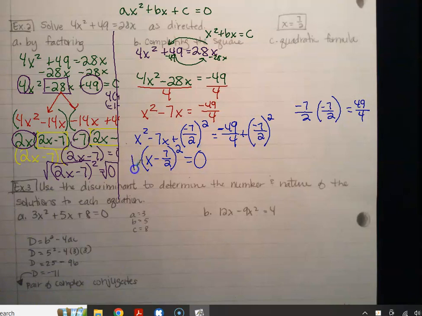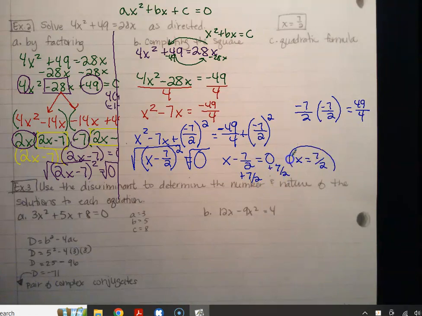Then we do the same thing we did earlier. We find the square root. We get x minus 7 halves equals 0. And so then we simply add 7 halves to the other side, and we get x equals 7 halves, which is what we got the first time.